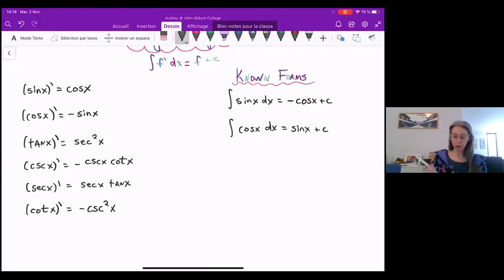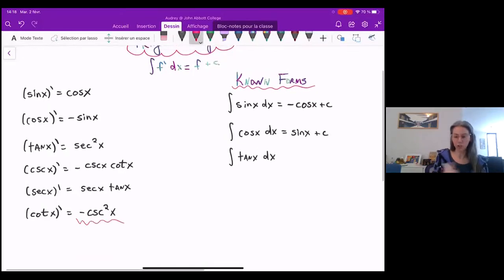We have a few more integrals that we know over here. So I'm actually going to write all of our integrals. The next that we had was tangent x. If I look over there, I don't have tangent x on the right side. So I don't have tangent x as the derivative of anything. So I can't use those derivatives to find the integral of tangent x. So we're just going to skip it for this moment. Can I use it to find the integral of cosecant x?